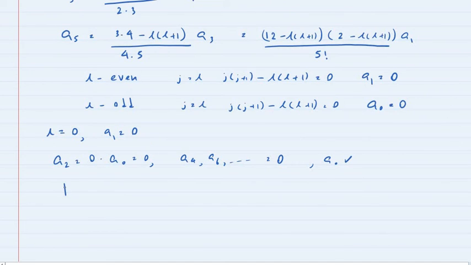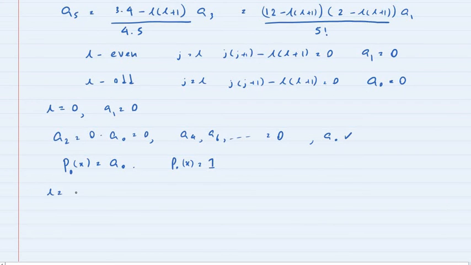Therefore, the series solution when L is equal to 0, which I am going to denote as P0(x), is equal to just A0. By selecting A0 as 1, P0(x) is equal to 1.